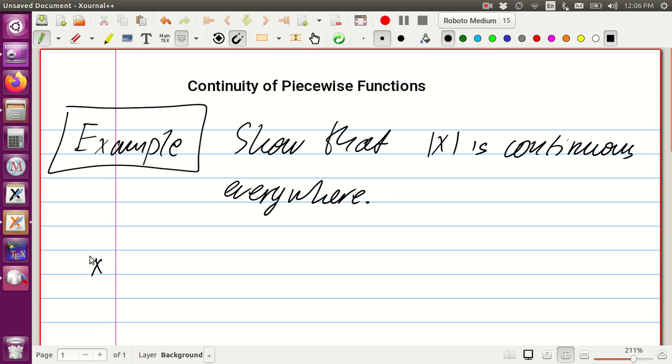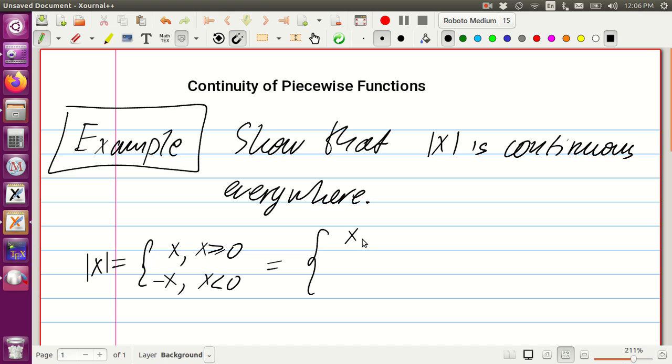So before we defined absolute value of x as x when x is greater or equal than 0, or negative x when x is less than 0. But for the purpose of this lecture, it might be more useful to take x equals 0 and put it as a separate value.